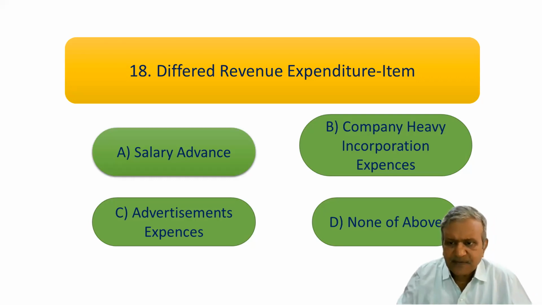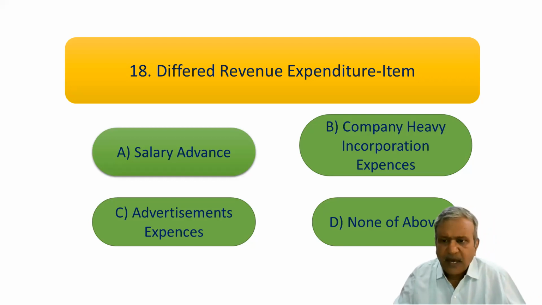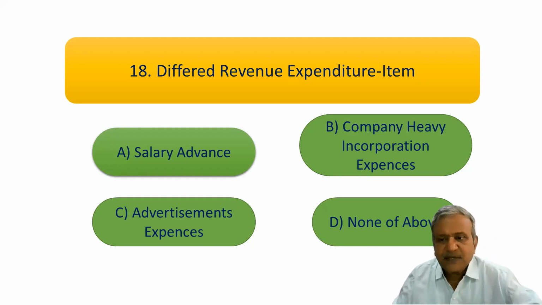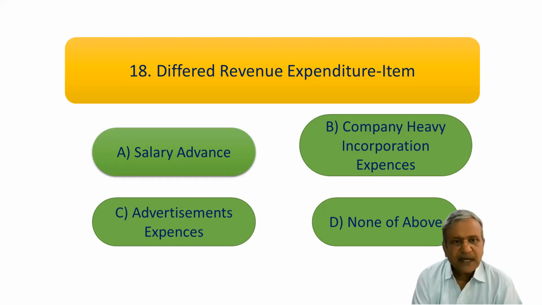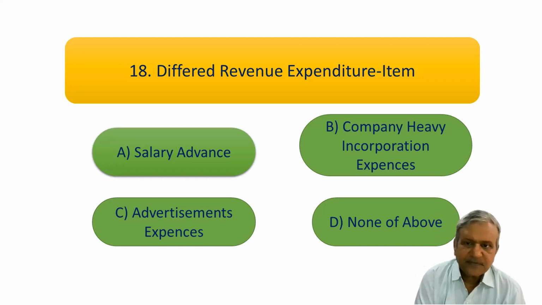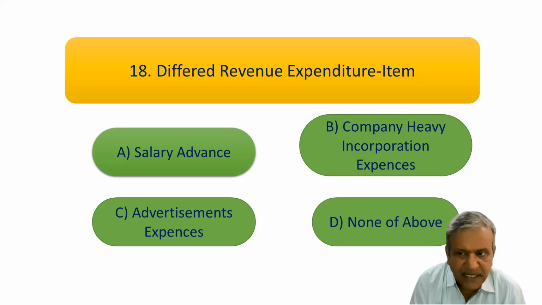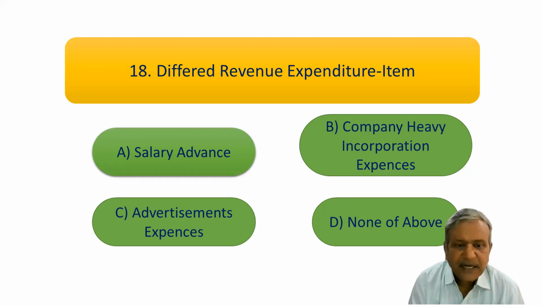3 persons are there, A, B, C. 3 persons are having 10,000, 10,000, 10,000 each. One person with 10,000 purchased a table.